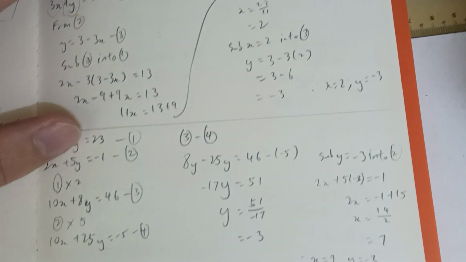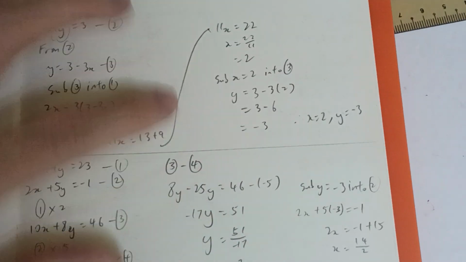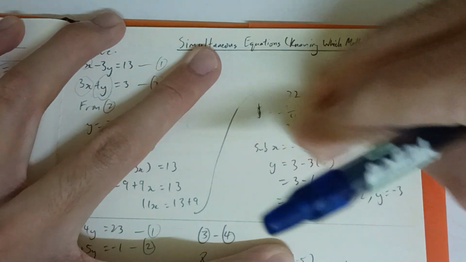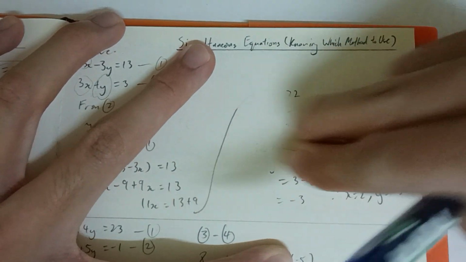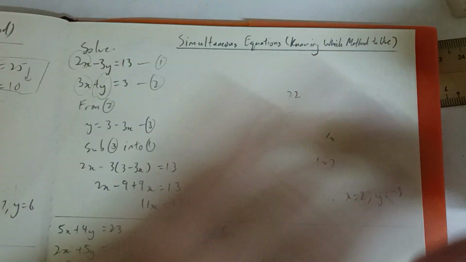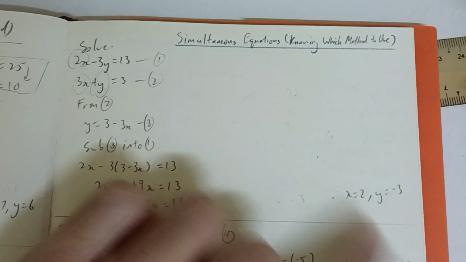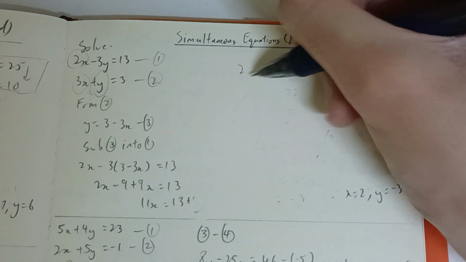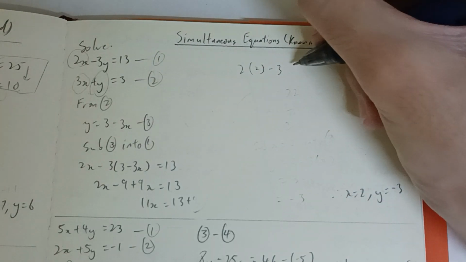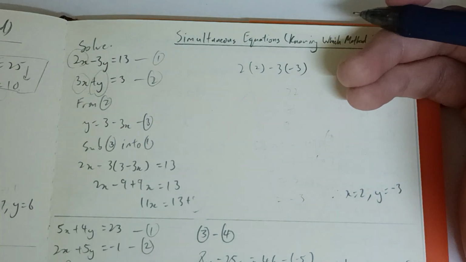One more final thing is, how do you know if your answer is correct? How can you check if your answer is correct? So let's say this is x equals to 2 and then y equals to negative 3. The way you can check is you substitute both answers back into your original equations and check if their statements are true. So in this case here, x equals to 2, y equals to negative 3. So you just substitute x equals to 2, and then y equals to negative 3, and it's supposed to be equals to 13.